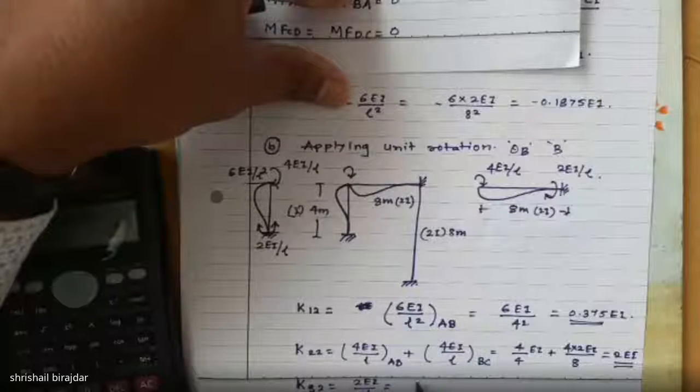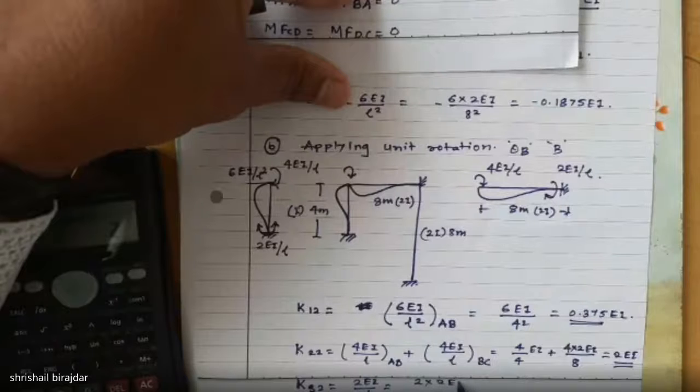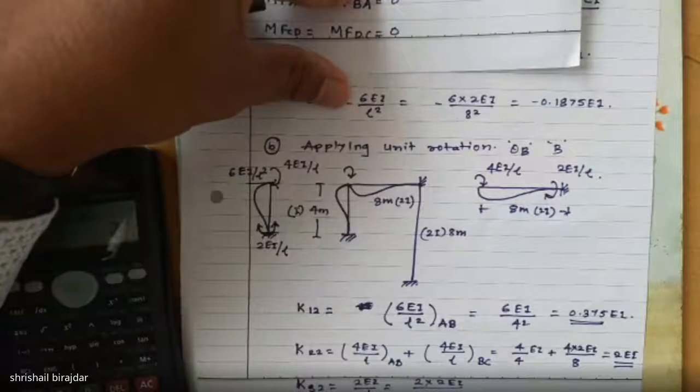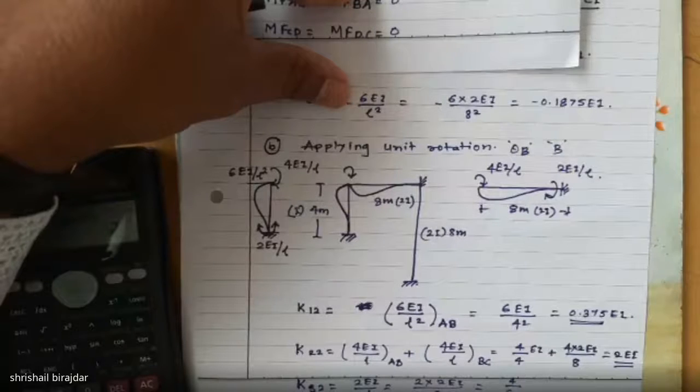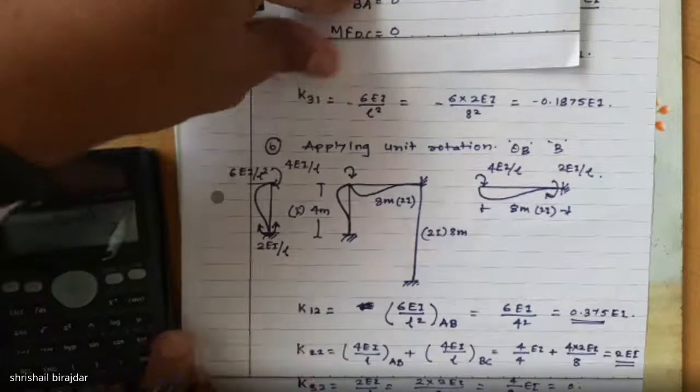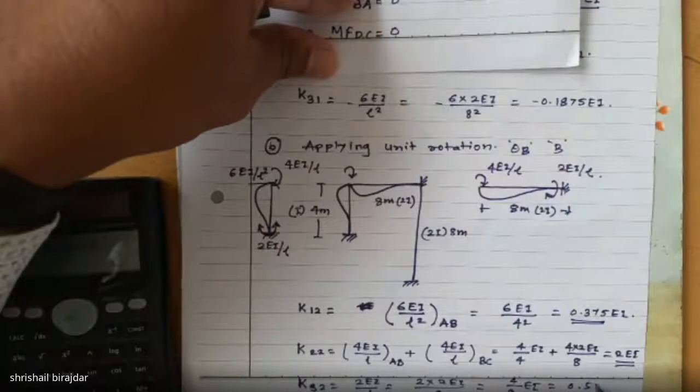By L, but I is different. 2 into 2EI divided by L equal to 8. Okay, 4 divided by 8. How much does it work out to be? 0.5. Okay, this way you have to find out the coefficients.